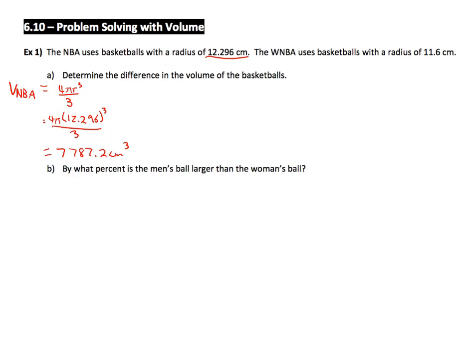Red for that, of course, for the NBA. Let's use blue. I like blue. Blue for the WNBA, so we see where I'm getting these numbers from. So the volume of the WNBA is 4 pi times 11.6 cubed all over 3.